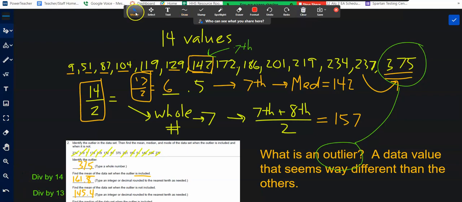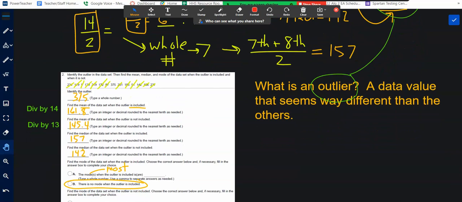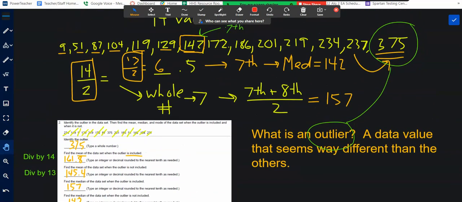Well, what about the median with and without? Let's do that. Well, the median with all 14 numbers, if you take 14 over 2, or half of 14 if you want to say it that way, that gives me a whole number, 7.